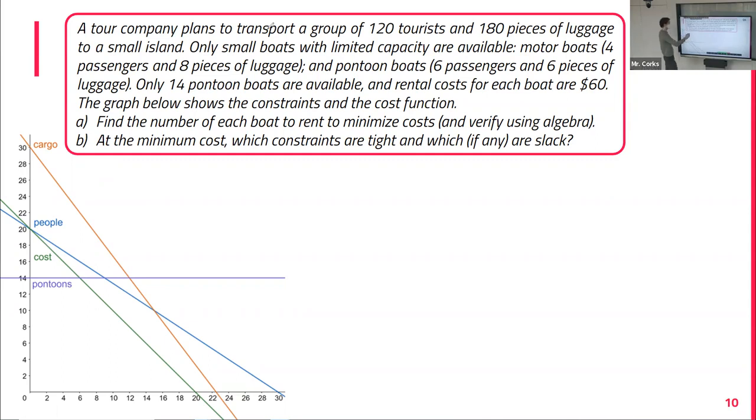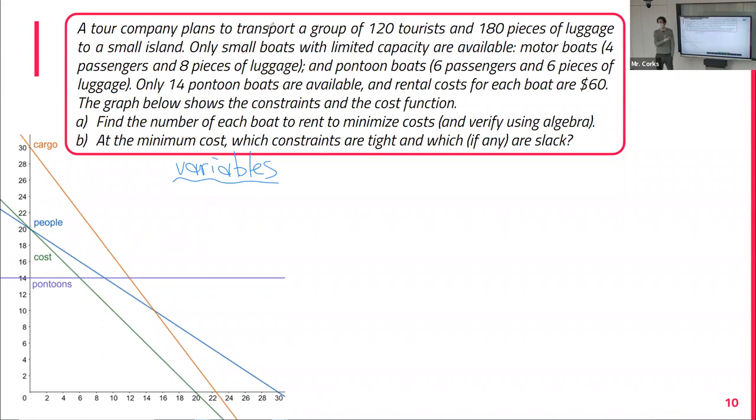Variables, okay. Can we choose how many tourists? Can we choose how many pieces of luggage? Doesn't work. Different variables.